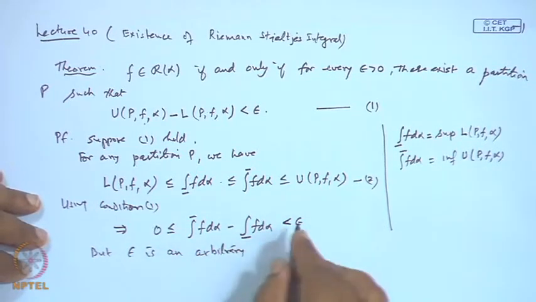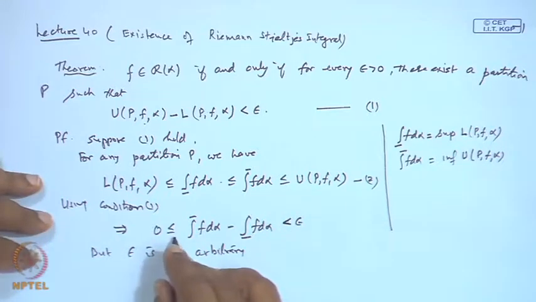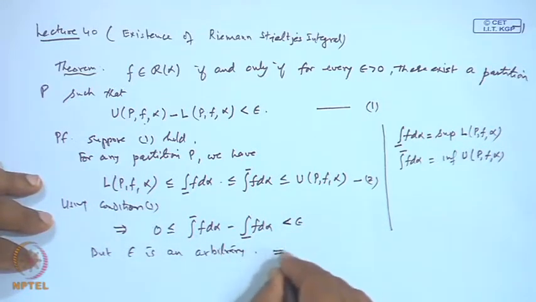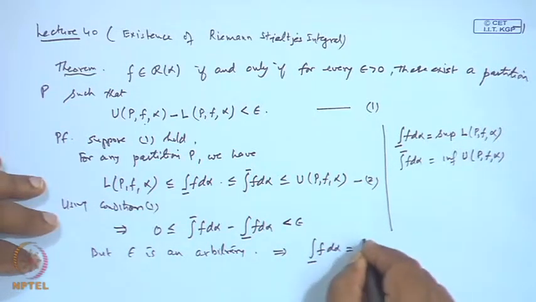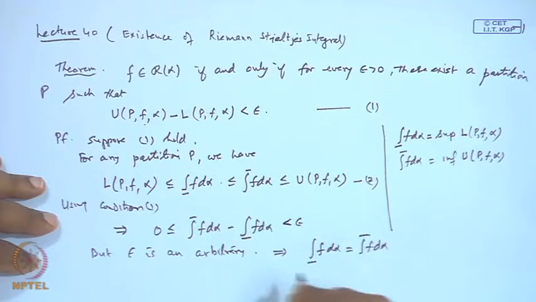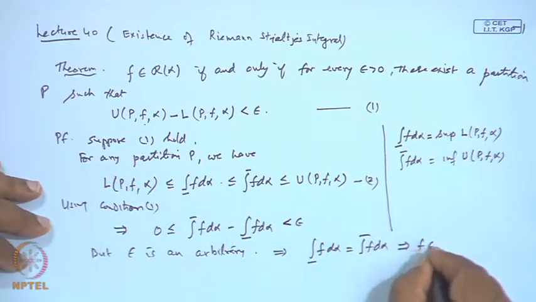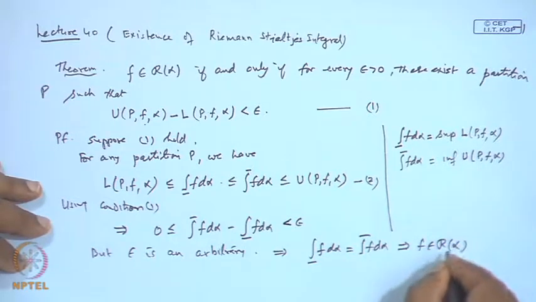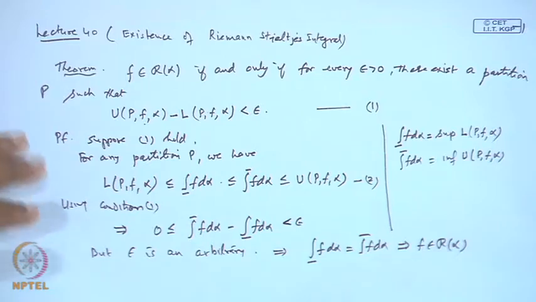Once it is arbitrary, we can choose any epsilon however small, and this result holds. So, this shows that the lower integral and the upper Riemann-Stieltjes integral coincide, and once they coincide, this implies that f belongs to the class R alpha, the Riemann-Stieltjes integrable functions.